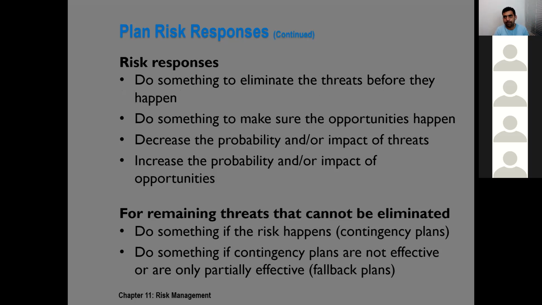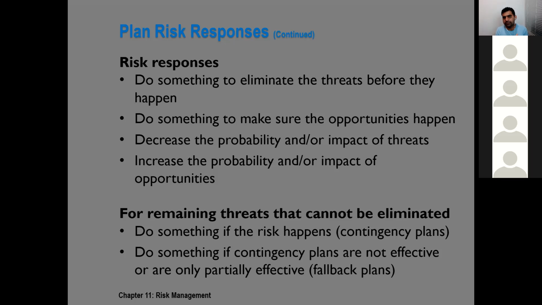For each risk, especially if we talk about negative risks, the first step we try to do is eliminate the risk, fully eliminate it. If it cannot be eliminated, reduce the probability and impact of that risk. And if we cannot reduce the probability and impact or eliminate the risk, then prepare a response: if the risk comes, how to apply that response.